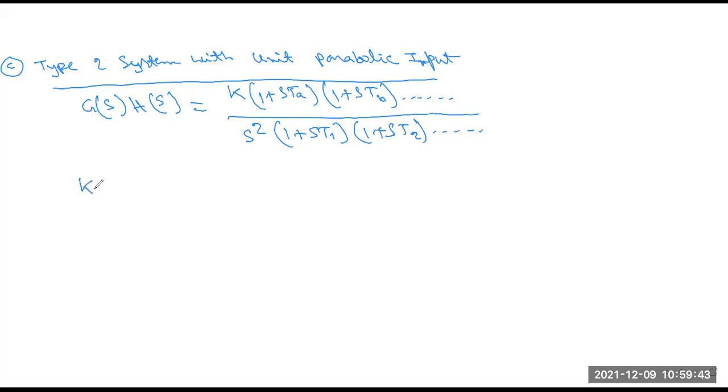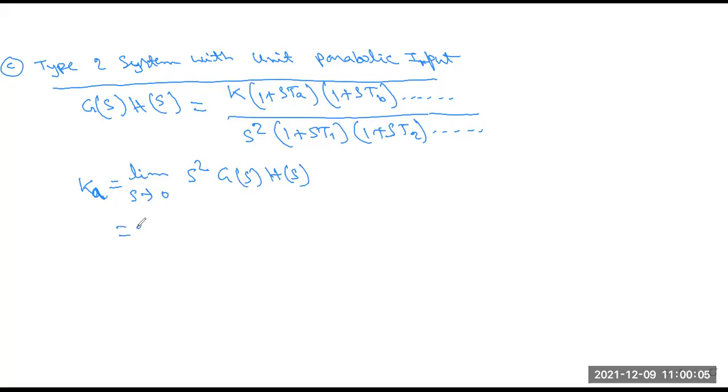The constant term for the parabolic input is Ka, a for acceleration. The expression is limit s tends to 0 of s squared, for the parabolic input function, into G(s)H(s).